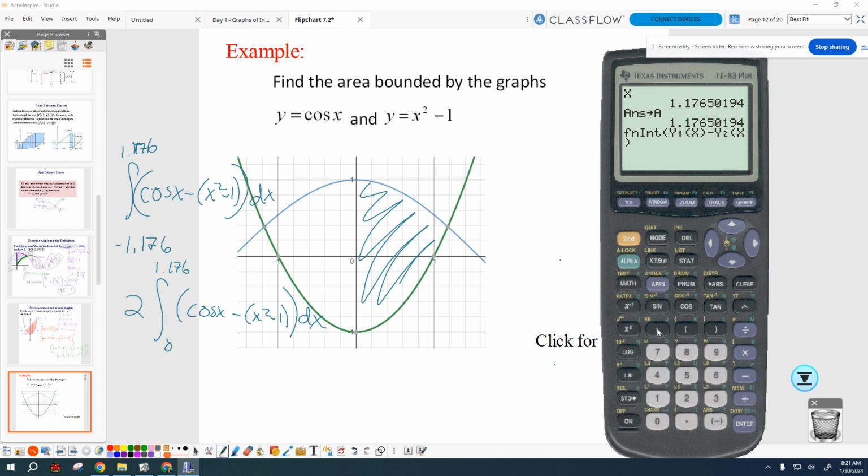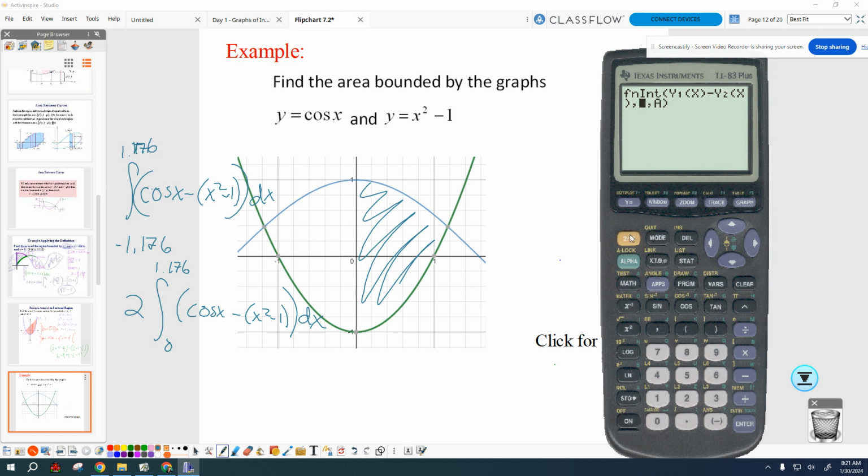I'm integrating that from 0 to the thing I stored. And then I need to, oh, bummer. If you type something wrong, click the go to. Oh, I didn't put in an X.